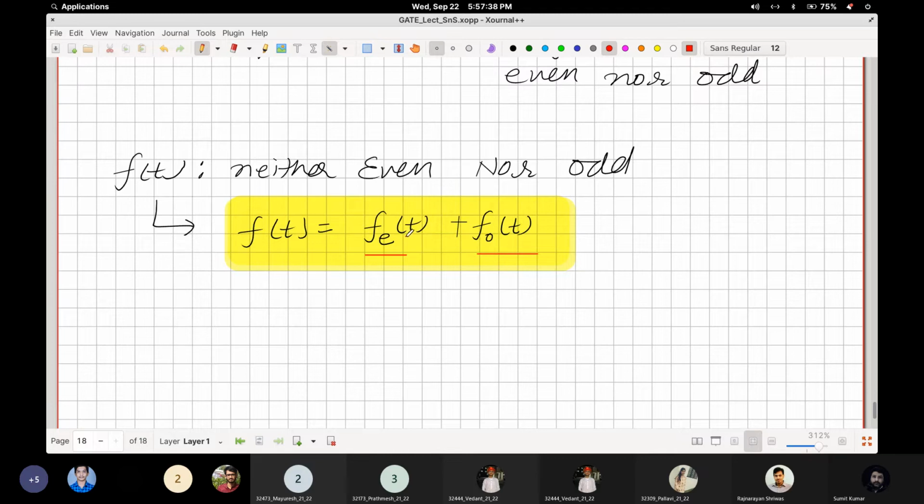Okay. Now can you tell me what the even part will be in terms of f(t)? To do this, let me put t equal to minus t. Let's say this is equation 1.